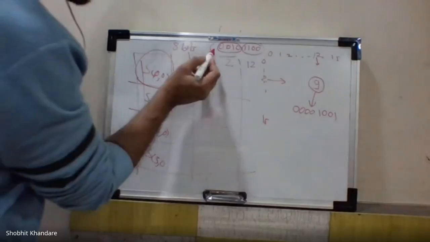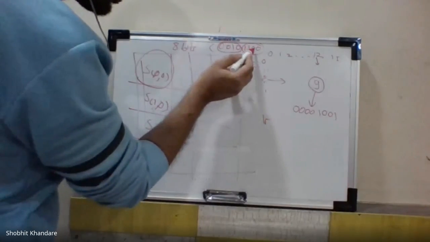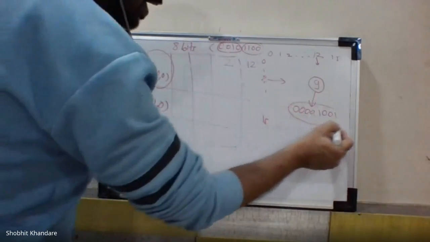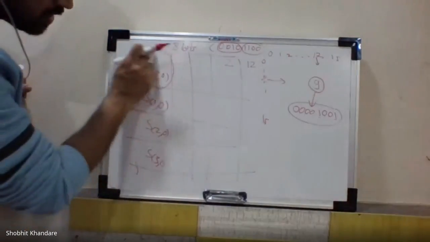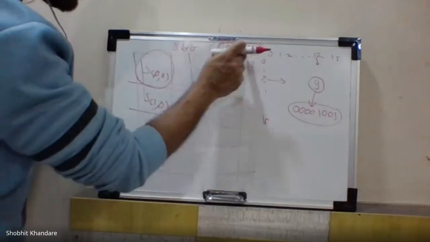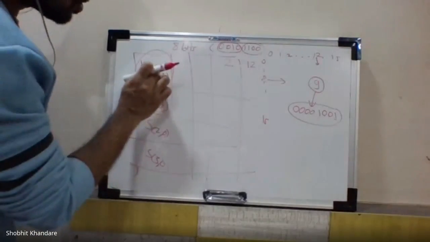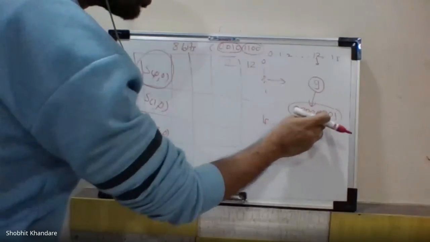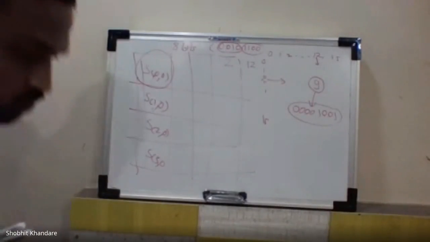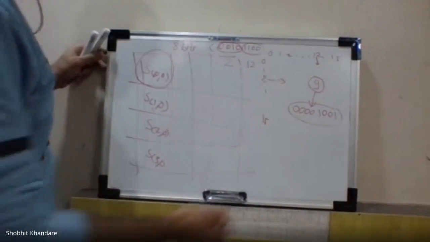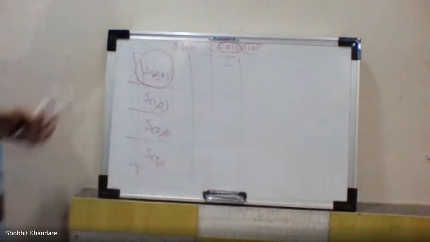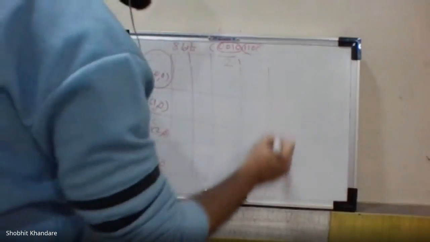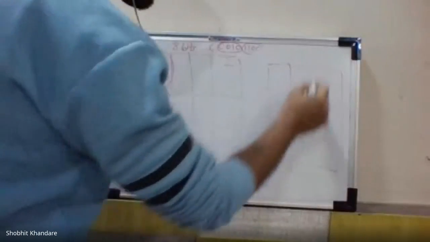So I have substituted 00101100 with 00001001. What could be the resultant array? That resultant array will again be 4 by 4.